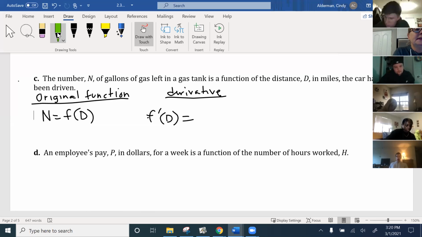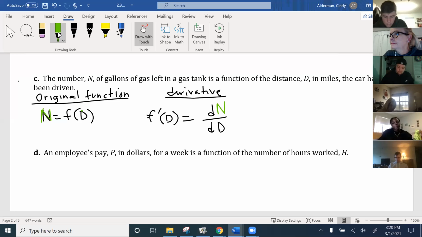So we're going to have d over dd, and d is just meaning derivative, right? And then the n goes on top. And those little lowercase d's are always lowercase d's. So we're talking derivative, makes sense.